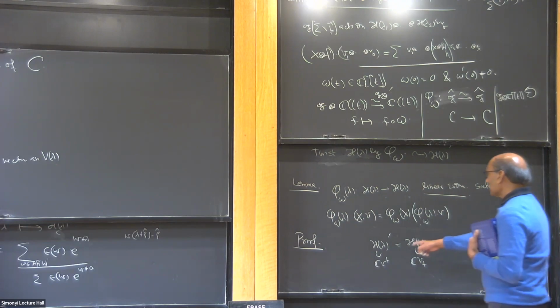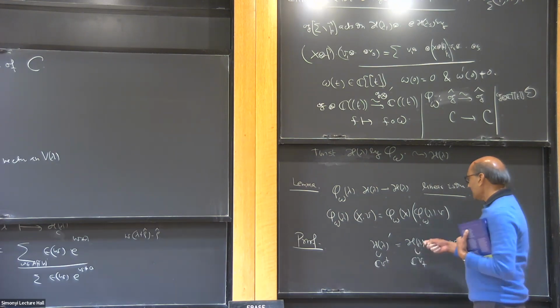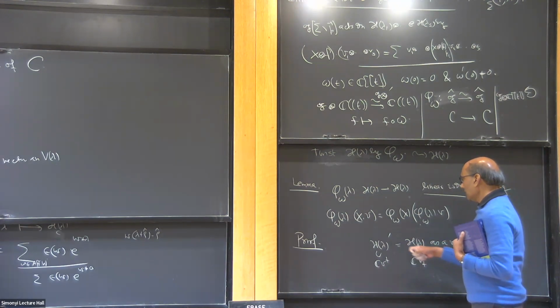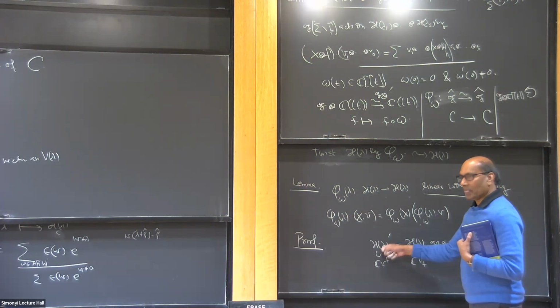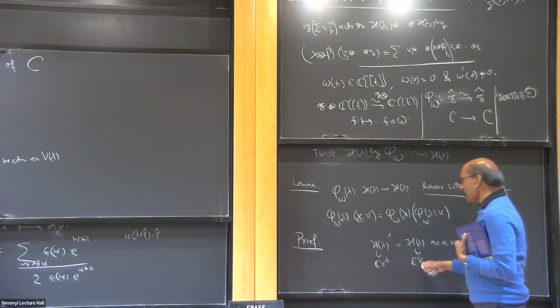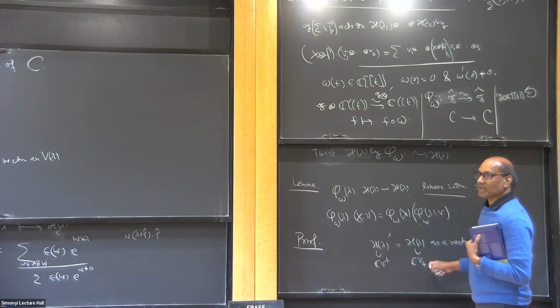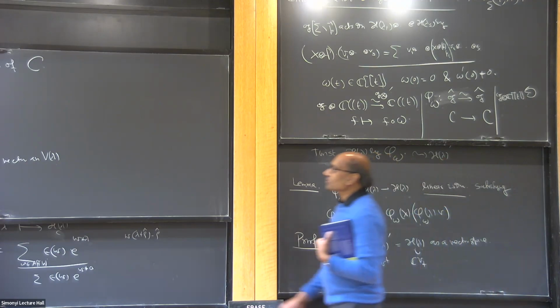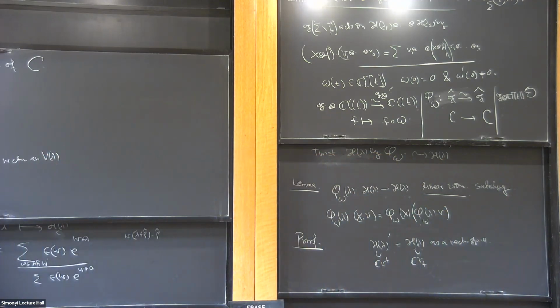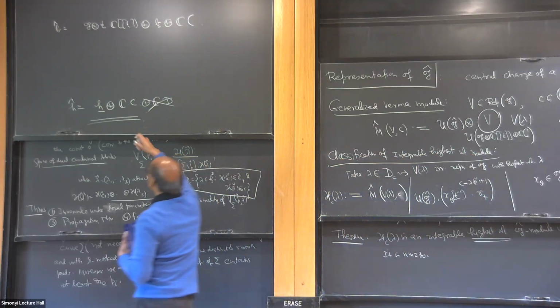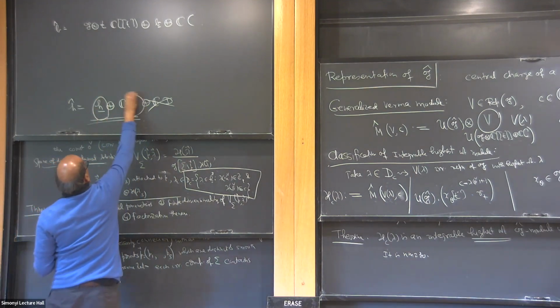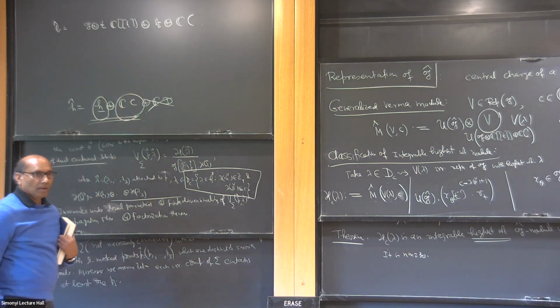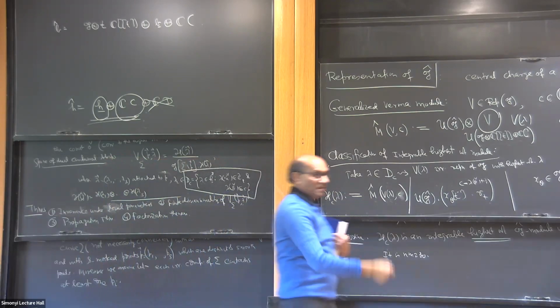So the action of Cartan here is the same as the action of Cartan there, and the Cartan acts by the weight lambda here. And the central charge is C. So the action of Cartan breaks into two parts: the action with respect to the finite H and the action with respect to the central charge. And the central charge C is going to be C.